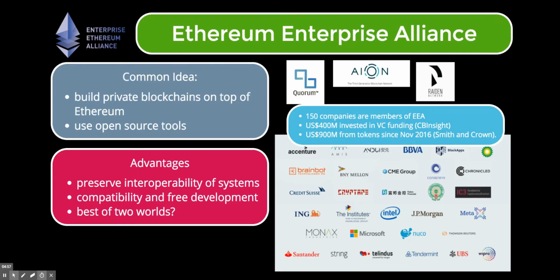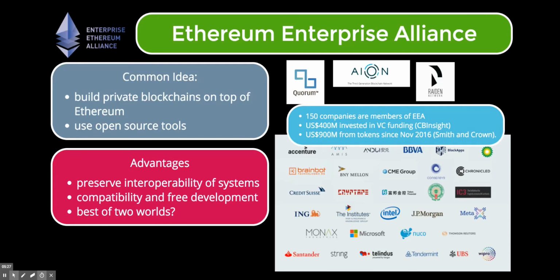The advantage of that is you preserve interoperability of systems, because it is open source. Many parties can see what is happening, and that makes it just easier for applications and for firms to interact. Also, it has the direct link with the Ethereum network, which is widely used and is quite a clever idea.